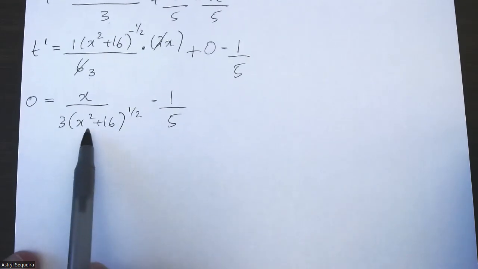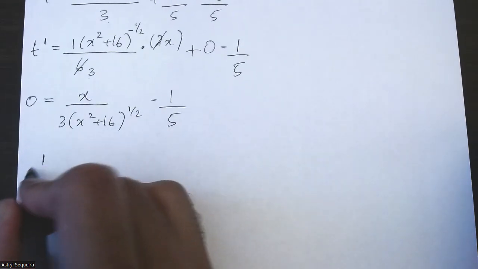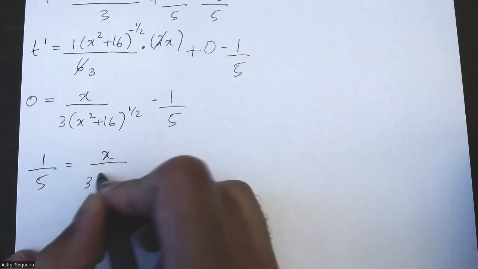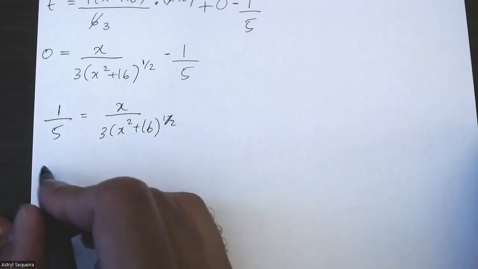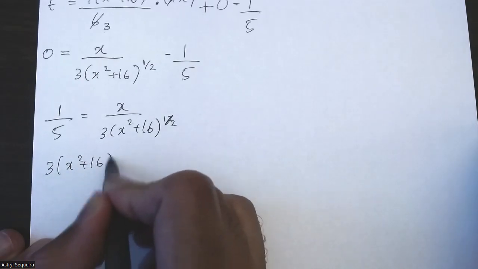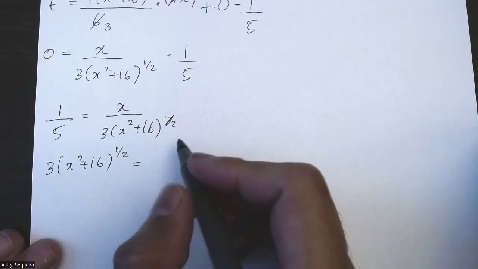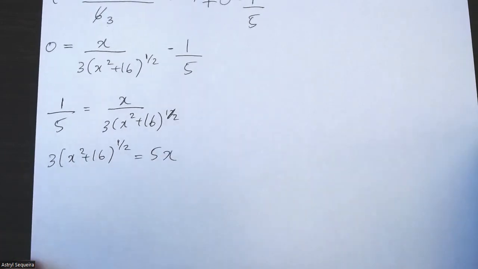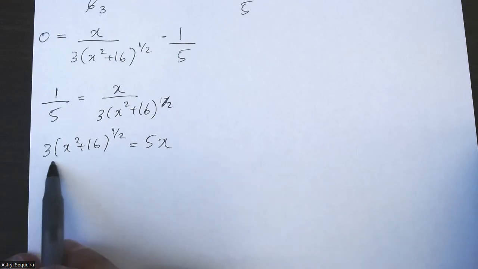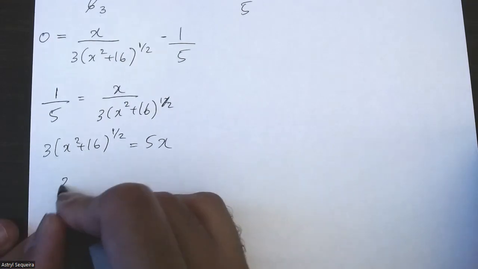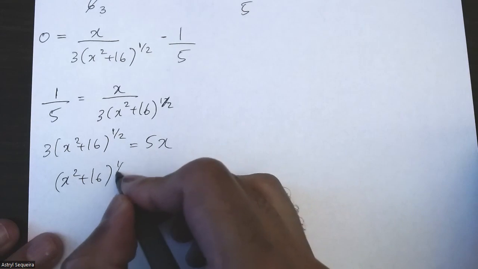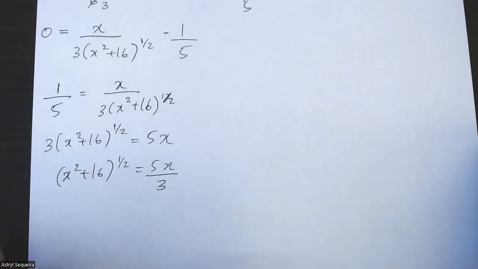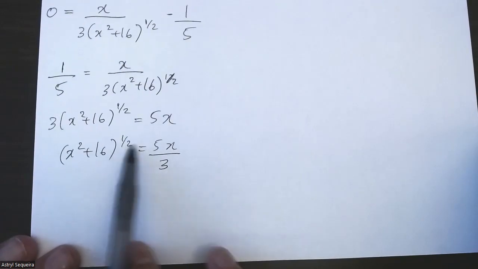So I'm going to start by moving the 1 over 5 to the other side and making it positive. Then I'll cross multiply both sides to get rid of my denominators. Next, I'll divide by 3 on both sides to get rid of this 3 over here. I'll square both sides to get rid of the 1 over 2.